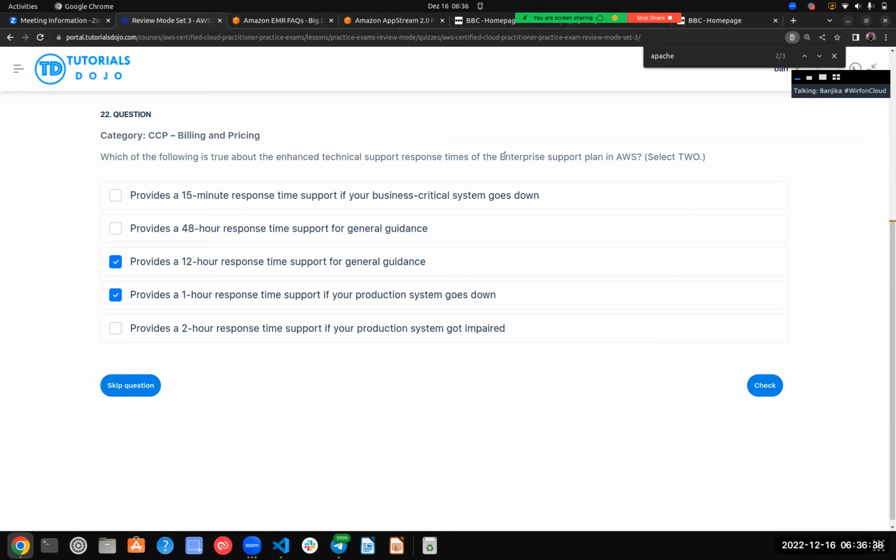We are talking about enterprise support. First of all, enterprise is the most expensive. So if you are using the most expensive, what will you have?